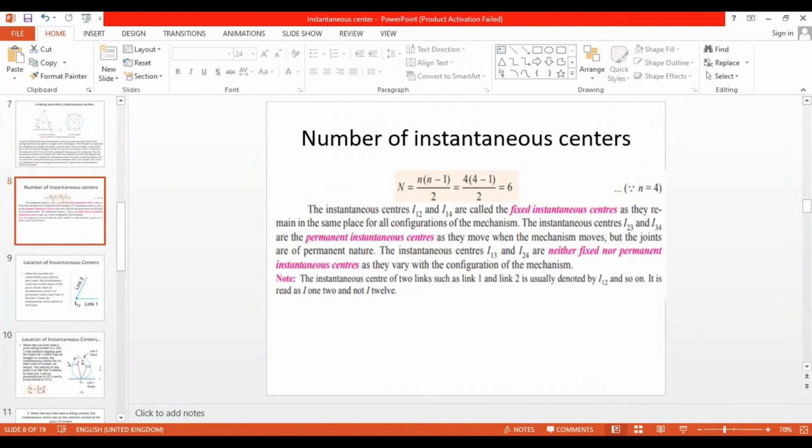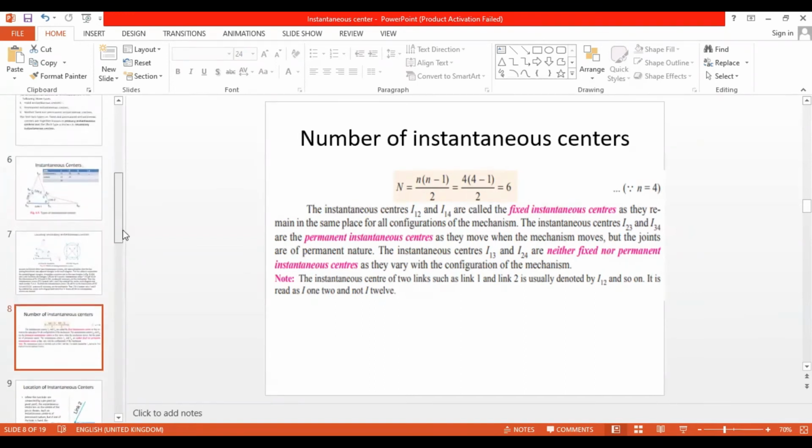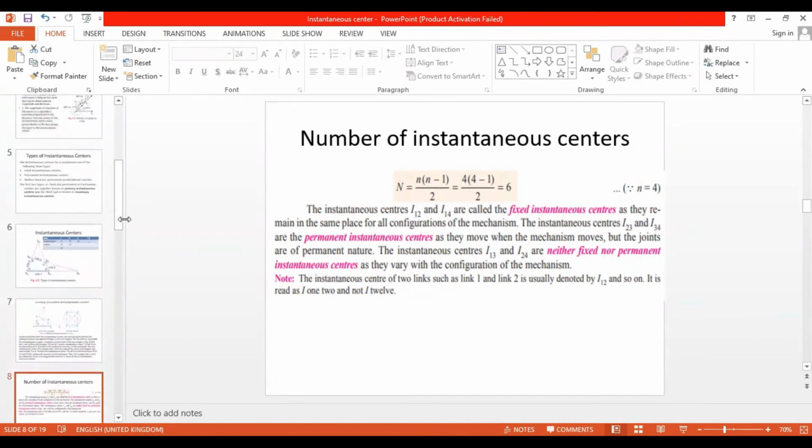The instantaneous centers I12 and I14 are called fixed instantaneous centers. I told you if the instantaneous center is in the fixed link, we call them fixed instantaneous centers. A fixed link is a link which is grounded.